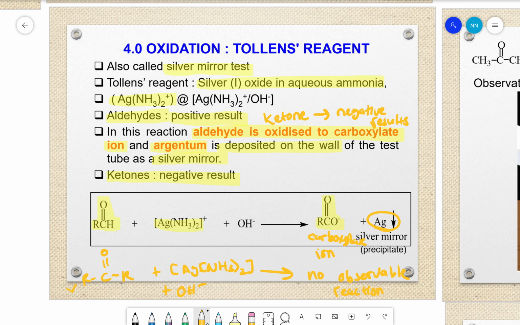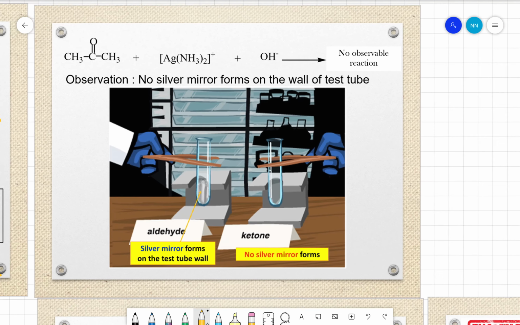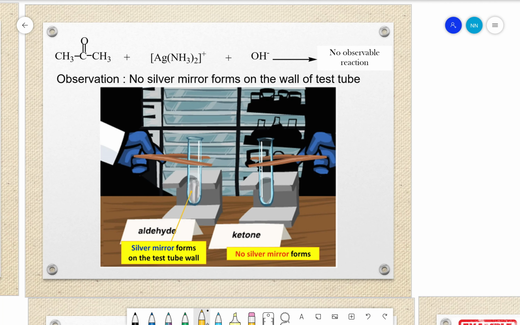Here is the example of the ketone: no observable reaction, so your observation will be no silver mirror forms on the wall of the test tube. The silver mirror forms if you have an aldehyde. However, if you have a ketone, there will be no silver mirror. That's your observation.